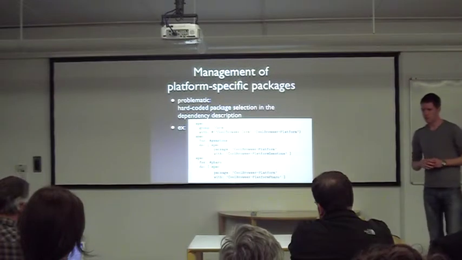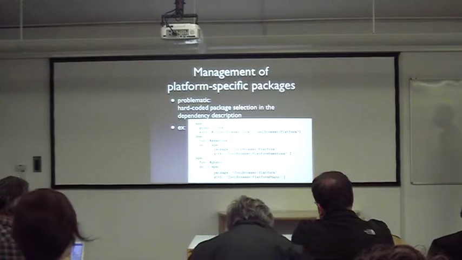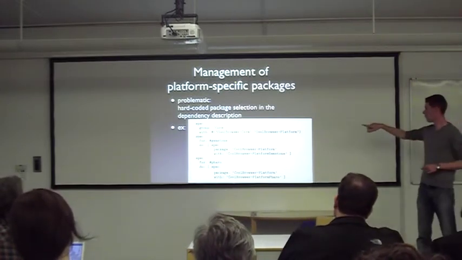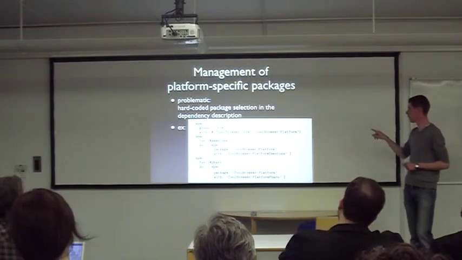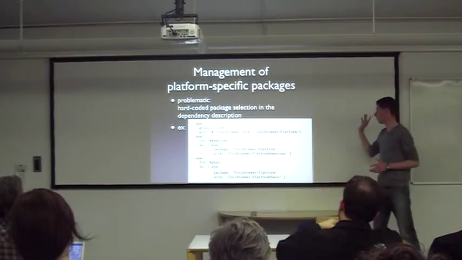One thing I found bad is that you have hard-coded package selection in the dependency description. Let's take an example. You have a group Core, and this Core needs a Comet browser platform.